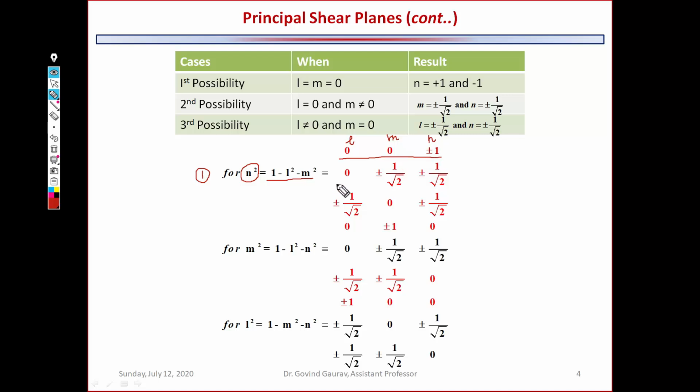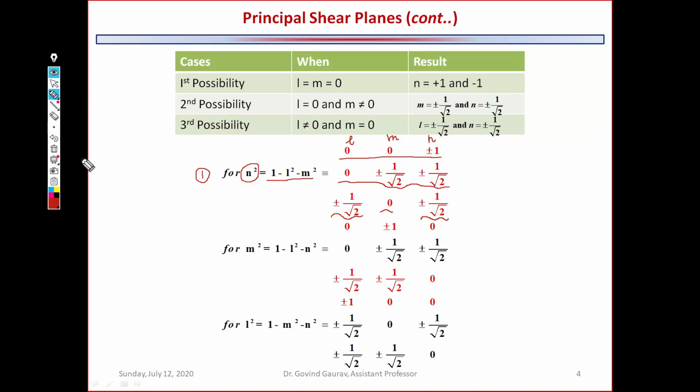In the second case, the values would be L is equal to 0 and M would be plus minus 1 by root under 2 and N will be plus minus 1 by root under 2. And the third case would be when we get L is equal to plus minus 1 by root under 2, M will be 0 and N will be plus minus 1 by root under 2.